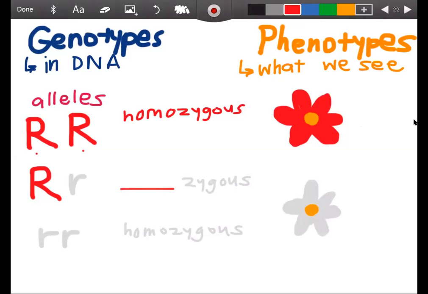This is RR, and so we're going to talk about the color of a flower. In this case, R is going to represent red, and you can notice that both of these R's are capitalized. So that indicates that these are both dominant. And because we have 2 alleles that are the same, they're going to be homozygous. So these alleles are going to be homozygous dominant.